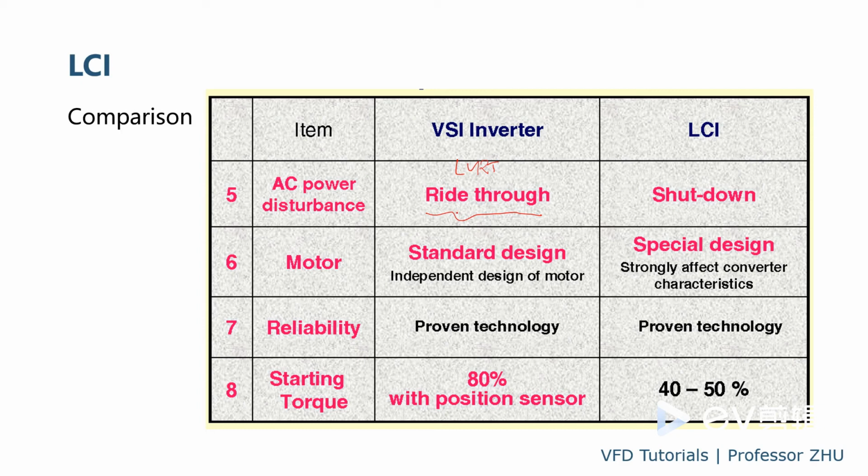If there is a power outage or voltage reduction, then you can use the kinetic energy feedback function as a ride-through. But for LCI, because of the SCR on the rectifier side, if you have a power disturbance, then the SCR firing will not work, so it will shut down. So it's quite a big difference.